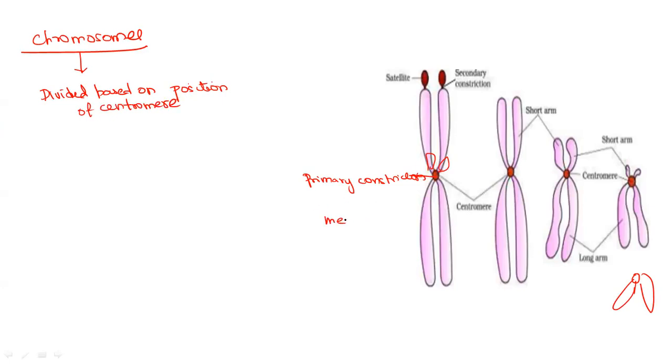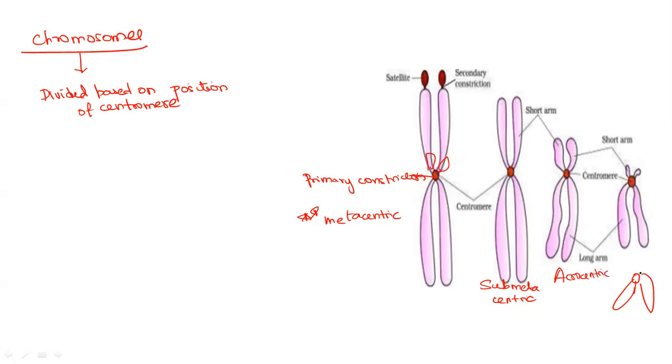If the centromere is in the center, it is called a metacentric chromosome. If the centromere is a little away from the center, it is called a submetacentric chromosome. If the centromere is very far toward one end, it is called an acrocentric chromosome.